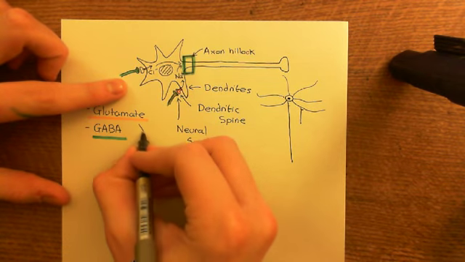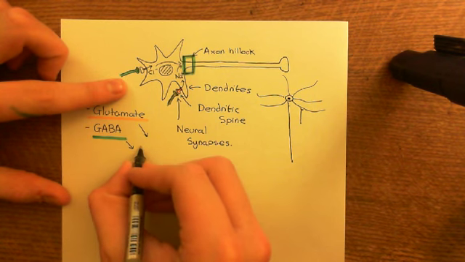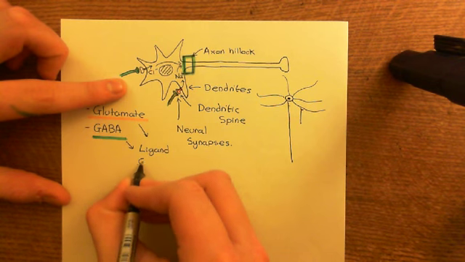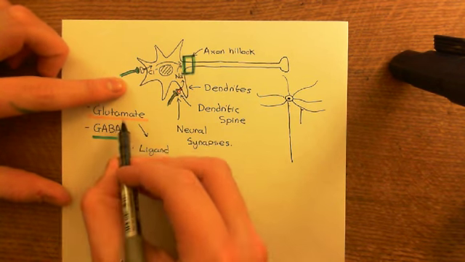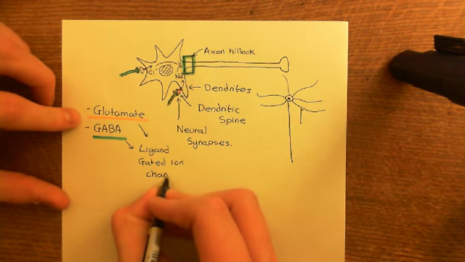So remember that glutamate receptors and the GABA receptors were ligand-gated ion channels, which means that they were ion channels which were usually closed, but when the ligand became available, when glutamate or GABA became available, then they opened.